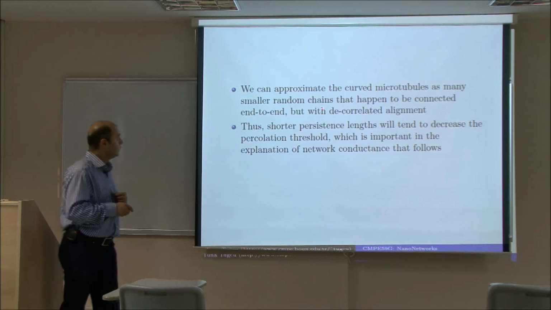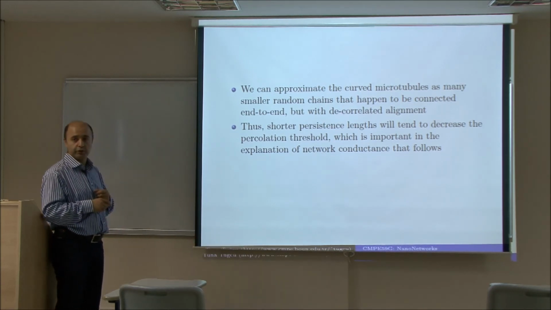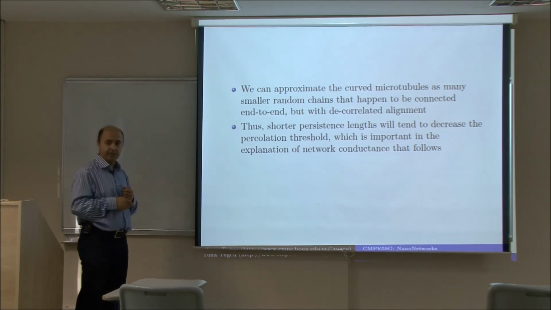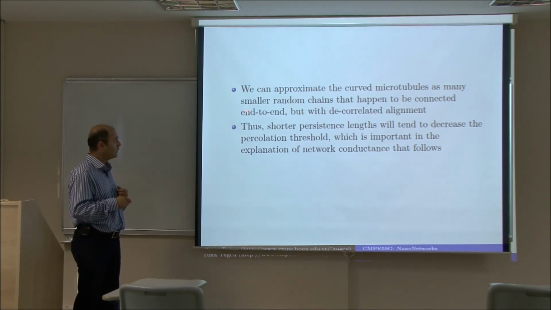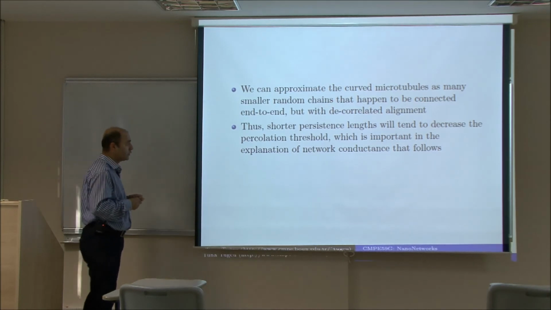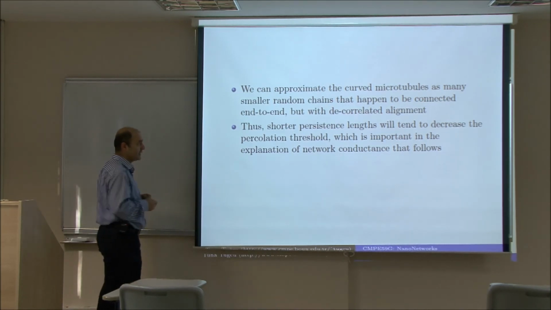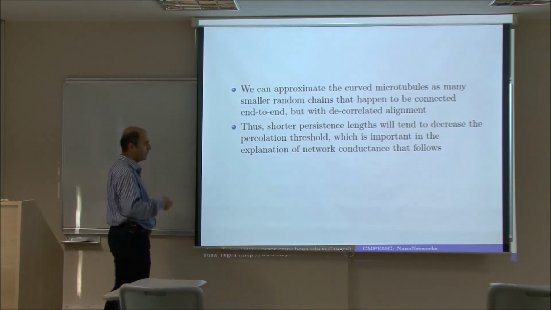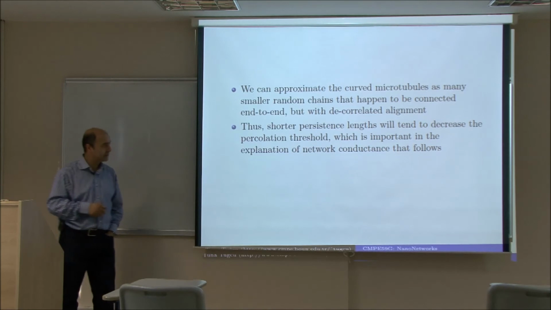So we can approximate the curved microtubules as many smaller random chains that are connected end-to-end, but with decorrelated alignments. So shorter persistence lengths will tend to decrease the percolation threshold, which is important in explaining the network conductance.